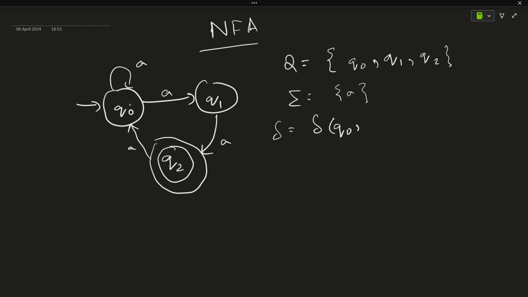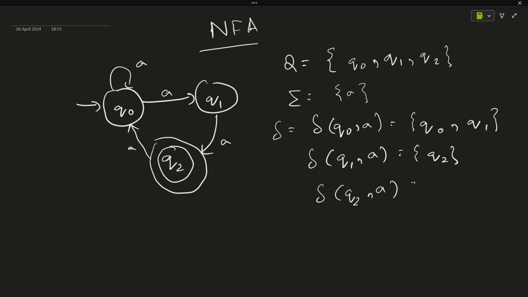Q1 on reading A goes only to Q2, and Q2 on reading A goes to Q naught.